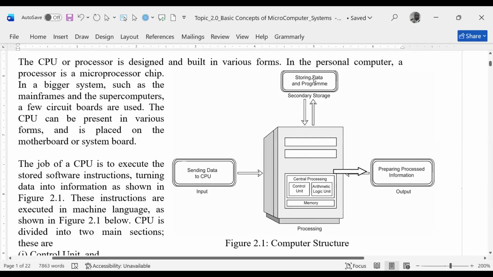One is the storage, which is the secondary storage, the hard disk for example. Then the next one is the central processing unit, which is the CPU here. Then the last one is the memory. These are the three key things that justify the capability of your computer system.